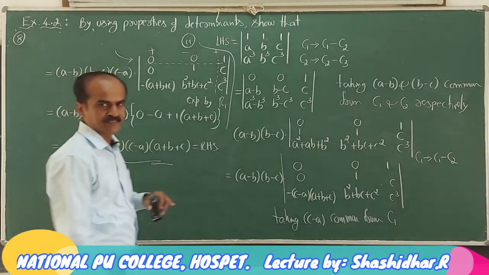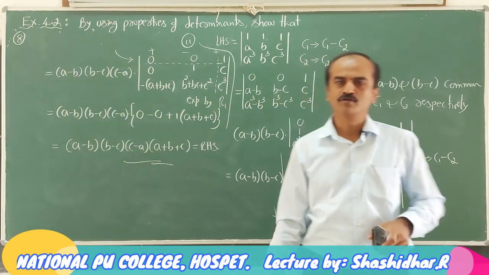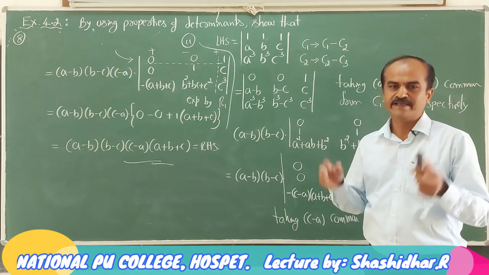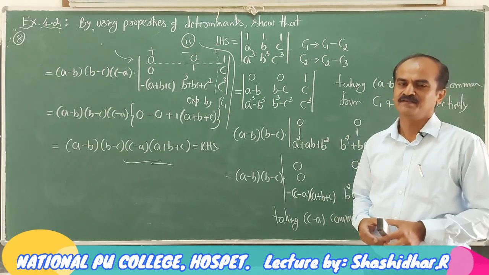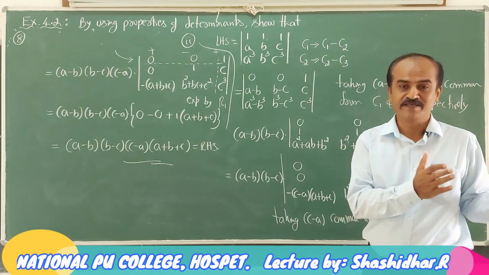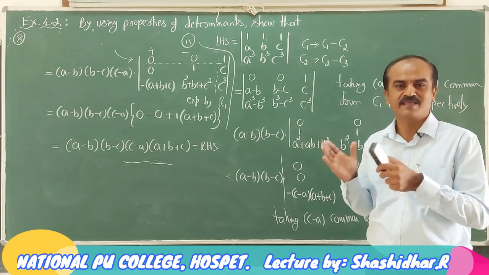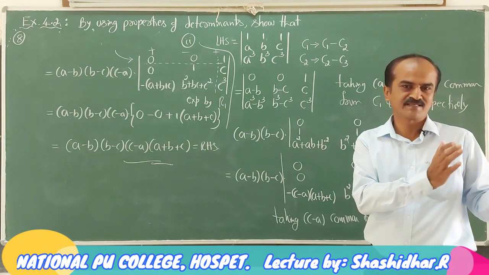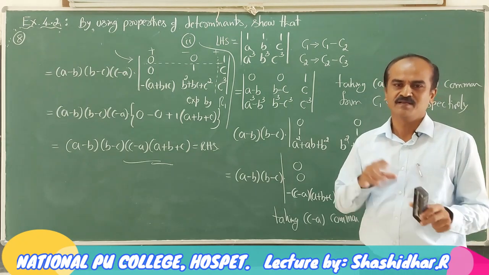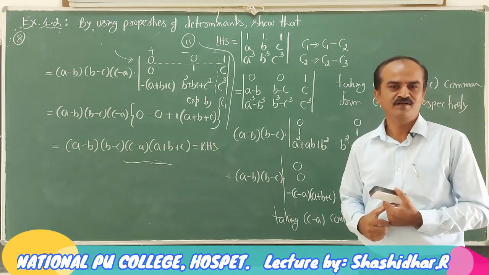That completes the example. So in order to prove these results, we need to observe the elements carefully and what result we need to prove. In this case, we had to show that the determinant is A minus B, B minus C, C minus A into A plus B plus C. Accordingly, we had to plan for row and column operations.